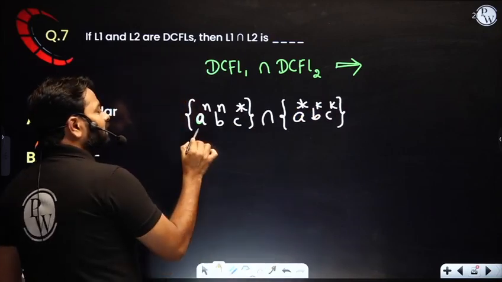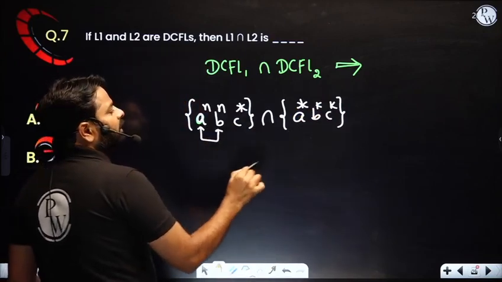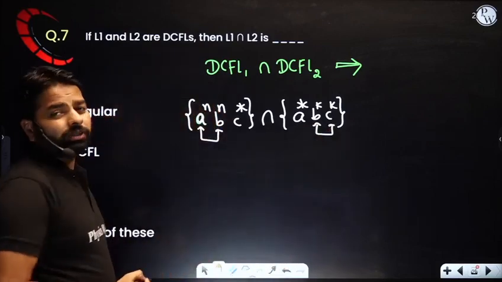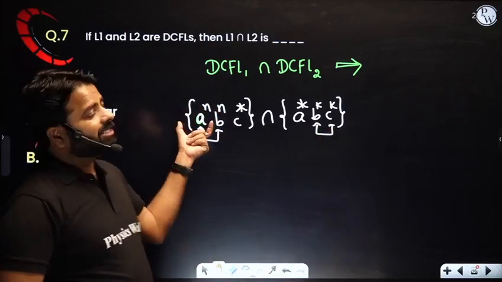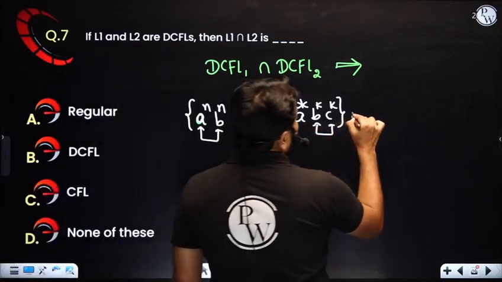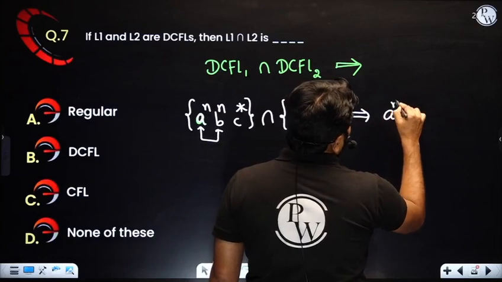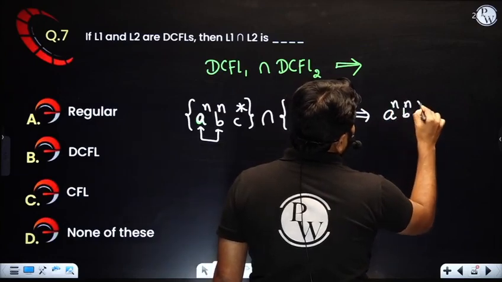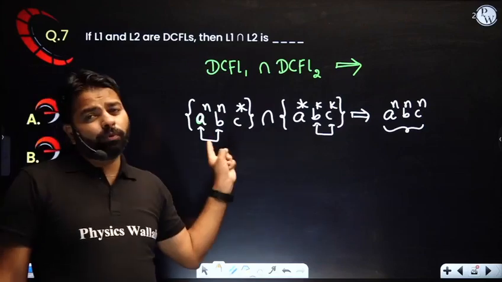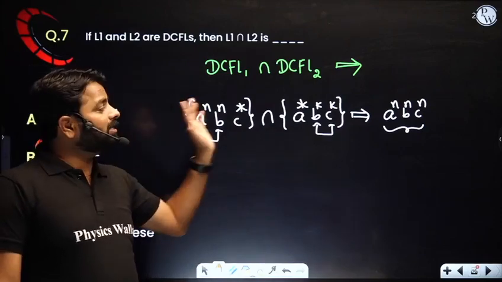Here a's and b's are equal, and here b's and c's are equal. If you do the intersection, a's and b's should be equal, and to satisfy this, b's and c's should be equal. You will get a power n, b power n, c power n, where the counts are the same. Then only can a string satisfy both these languages.